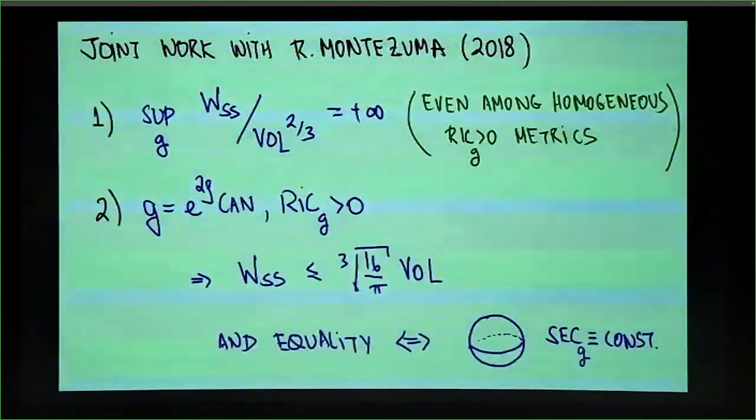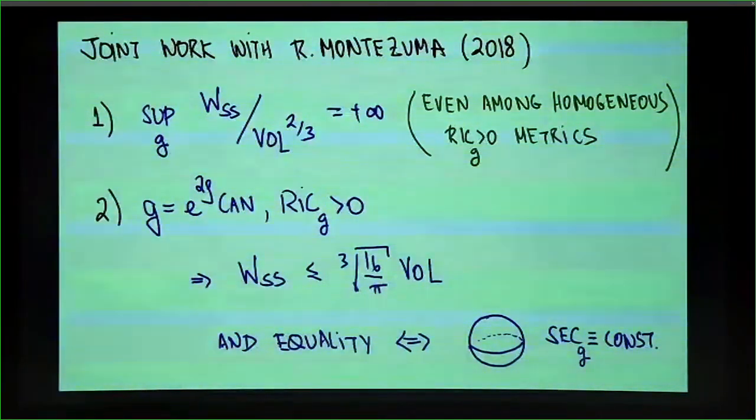And this local maximum is attained uniquely by the constant curvature metrics. So if you try to draw the picture of the functional, you could imagine some sort of parabola, I don't know, pointing downwards with a unique maximum. And so heuristically, if you perturb the conformal class a bit, you should expect to see also this behavior. So you should expect to see in different conformal classes also a local maximum of the normalized spherical diastole.